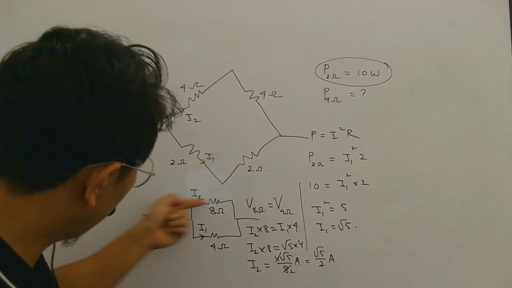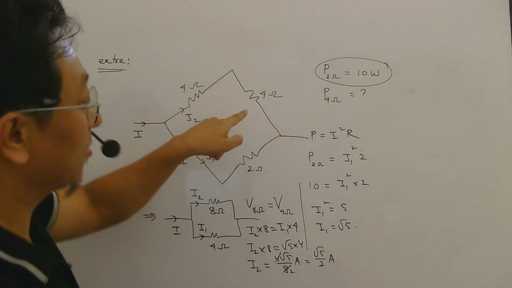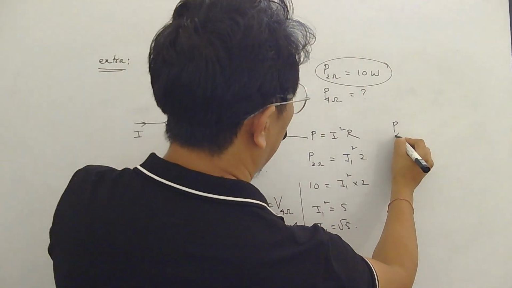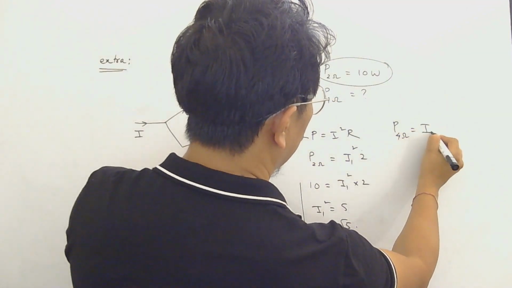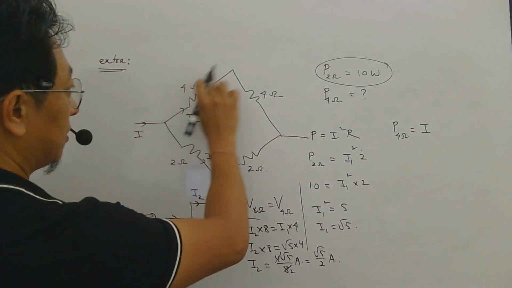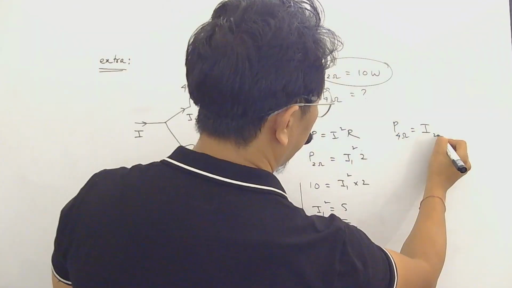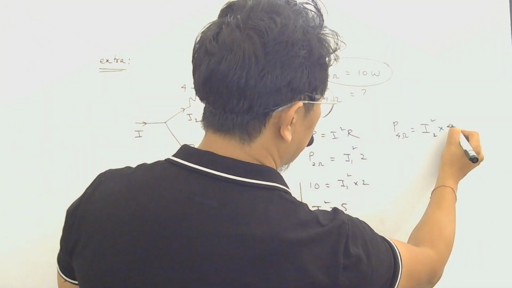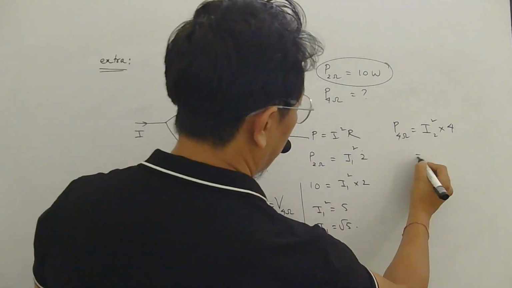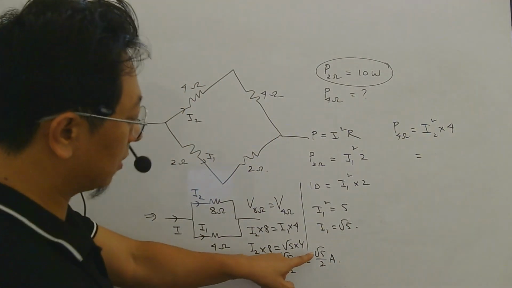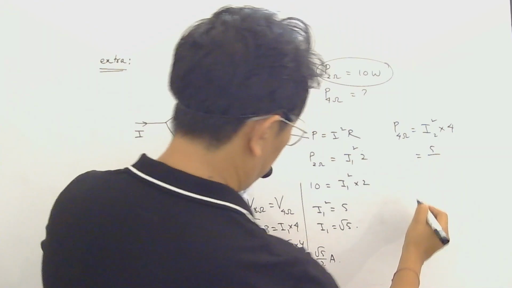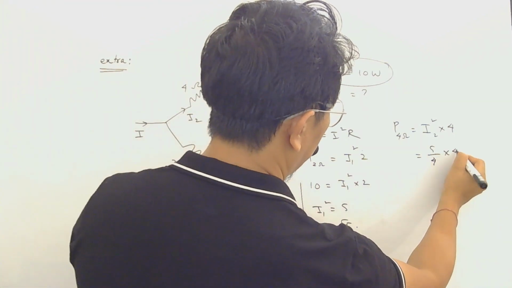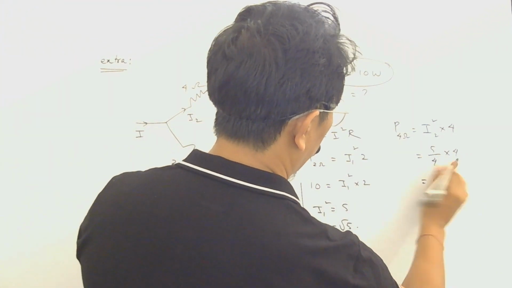Once I know current here, I know current here also. So now power consumed by 4 ohm resistor will be current in 4 ohm resistor, which is I2 square into resistance of 4 ohm. And what is I2 square? If you square this, under root 5 square is 5, 2 square is 4, into 4. That will give you 5 watt.